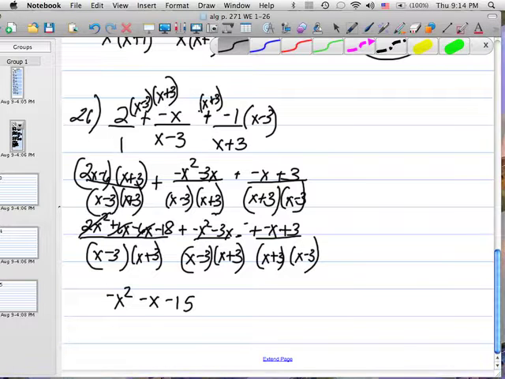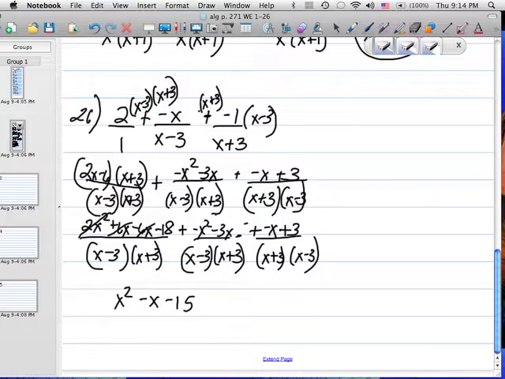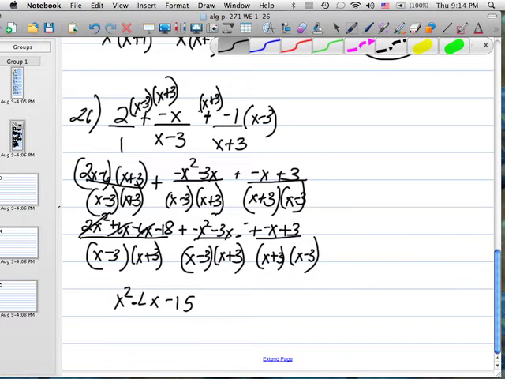So 2x squared and a minus x squared leaves us a positive x squared. And the 6x and negative 6x cancel out, but the negative 3x and the negative 1x make negative 4x. Minus 15 over x minus 3, x plus 3.